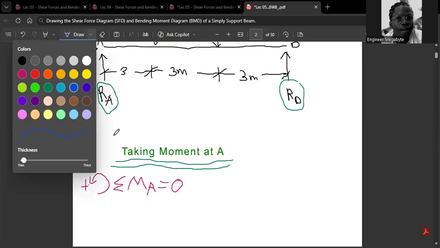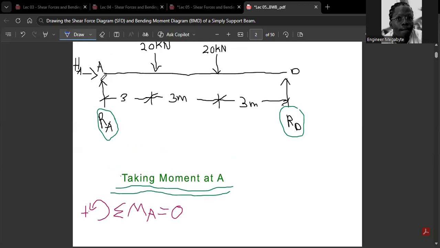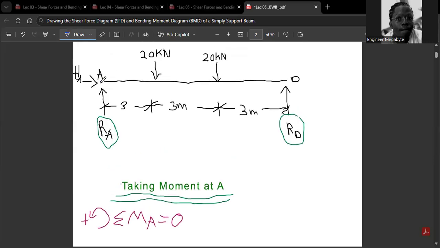Assuming that you put the compass over here and you open to this point and you take the moment, what distance is covered? It is 3 meters that is covered. So the 20 is going to multiply the 3. Take note that it is always force times perpendicular distance. So it is actually 20 times 3 and not 3 times 20. If you do it the other way around, we'll mark you down.